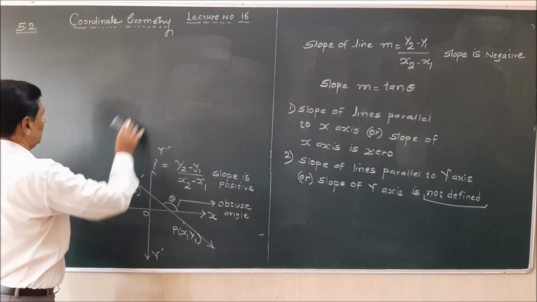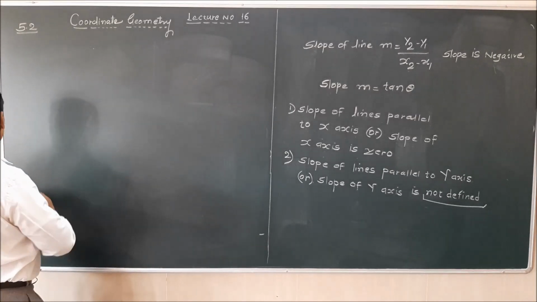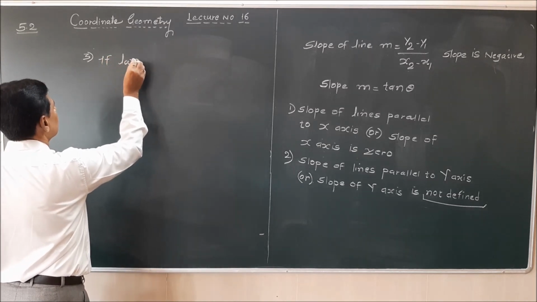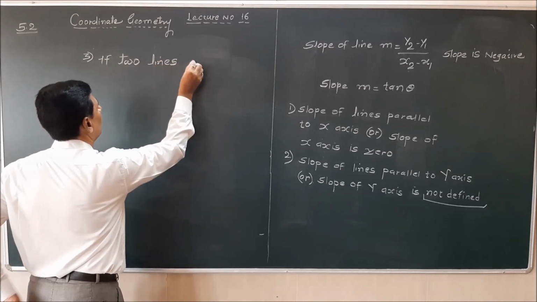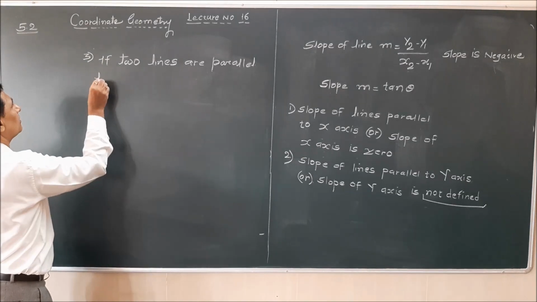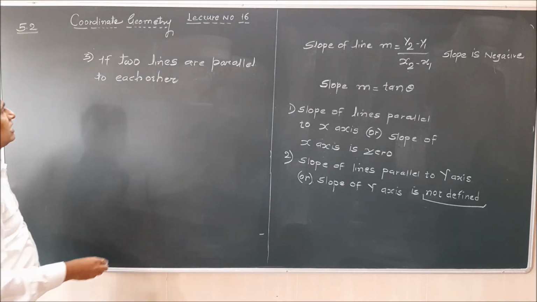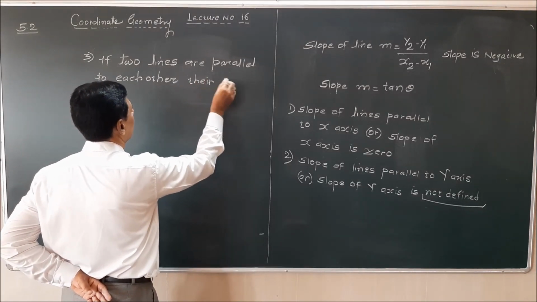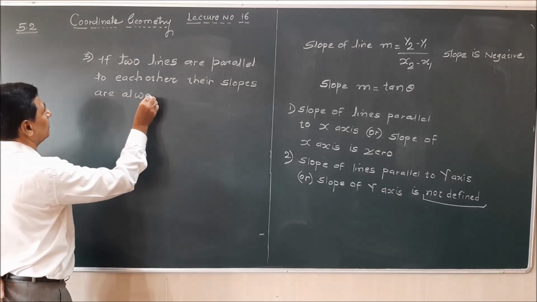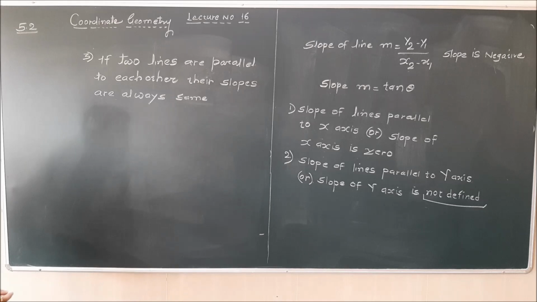Please note the third point: if 2 lines are parallel to each other, their slopes are always the same.